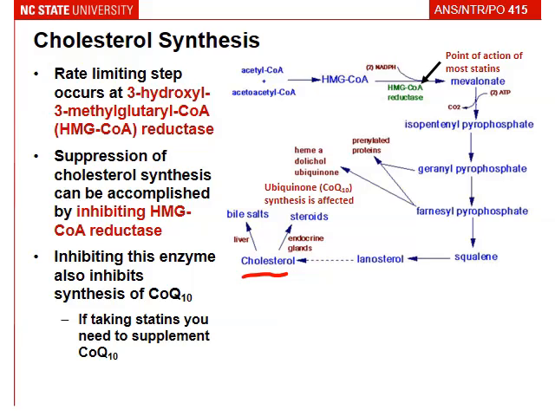But the HMG-CoA reductase step is the rate-limiting step. So because this is the rate-limiting step, this is where we have developed many uses of the statins. So the various Lipitors, et cetera, that are limiting cholesterol synthesis. If you have high cholesterol, your doctor may prescribe Lipitor, and Lipitor is a statin, and it's inhibiting your HMG-CoA reductase.